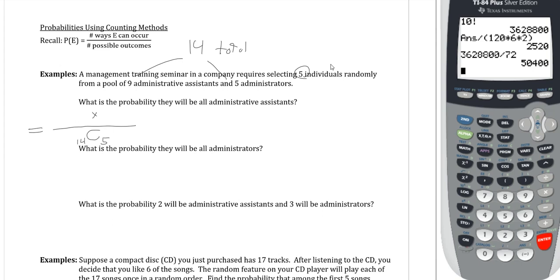On the top, I'm going to have one combination for how many ways I could select administrative assistants. Well, of the 9 possible administrative assistants, I want to select any 5 of those. And of the 5 administrators, I want to select none of those. So 5 choose 0.